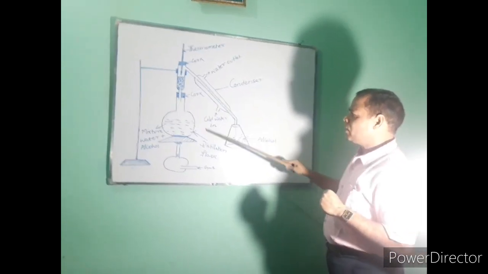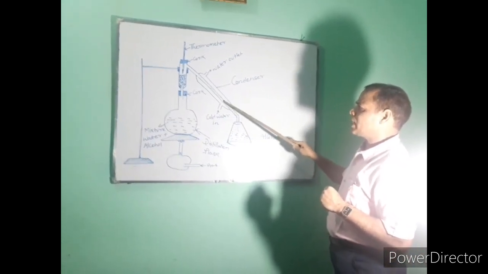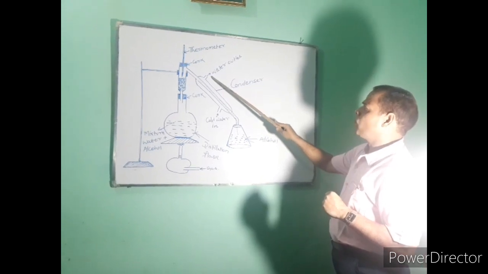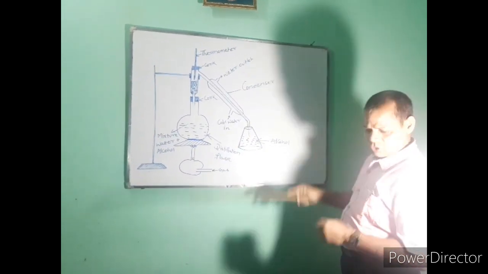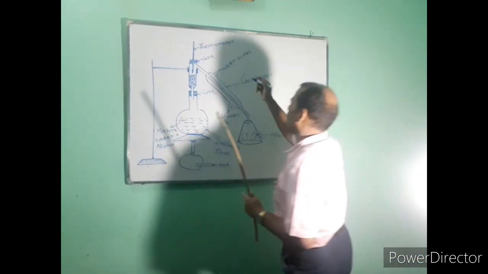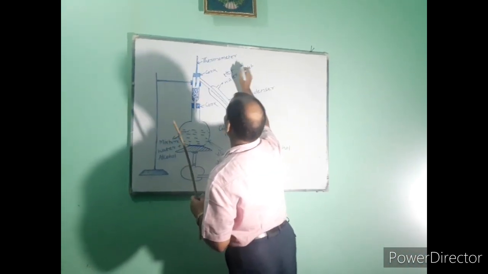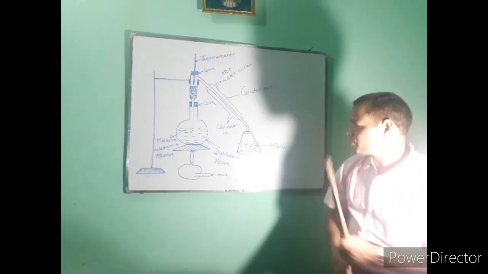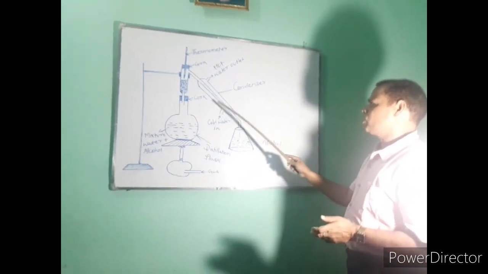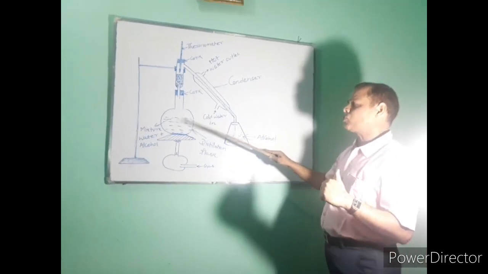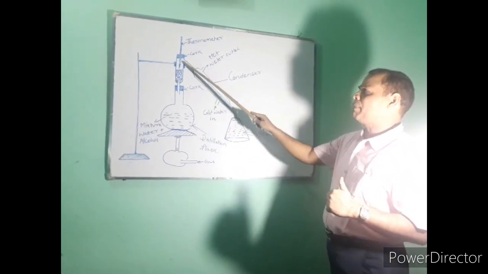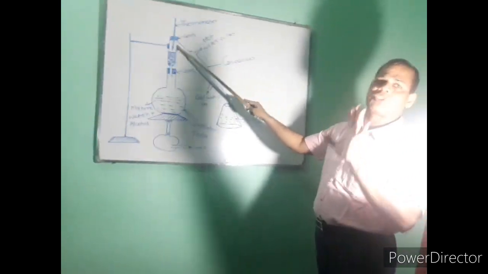In the condenser, cold water is injected and hot water is the outlet. So this process continuously takes place. When the ethyl alcohol starts to convert into vapor form, the temperature also remains constant.